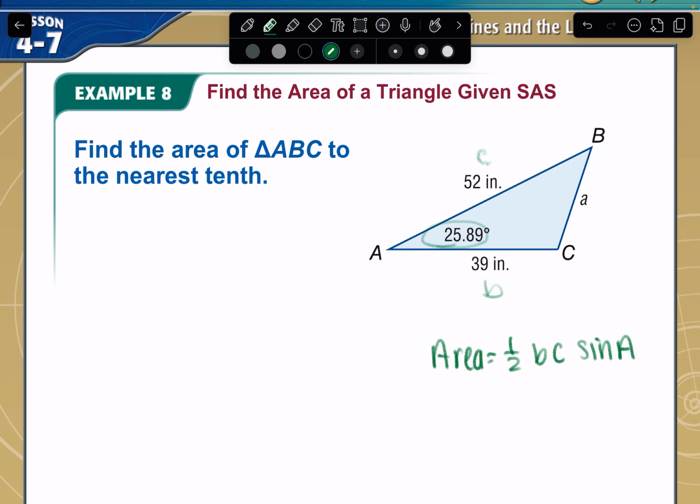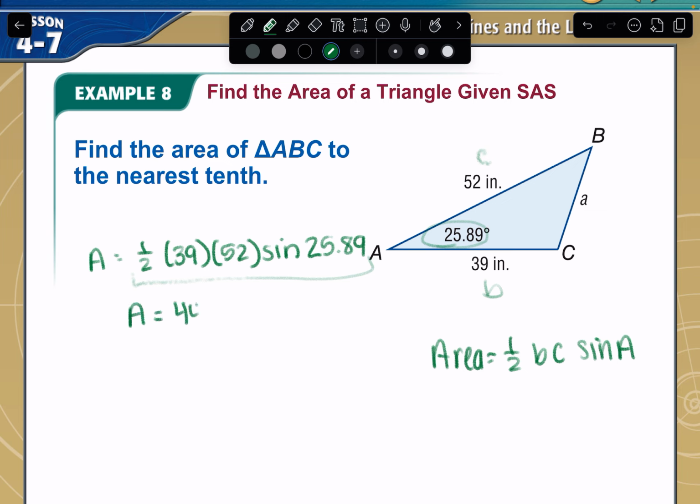So I'm plugging in to what I know and then solving. So I would have area equals 1/2. The side length of B is 39. Your side length of C is 52. Then I would have sine of my angle measure A, which is 25.89. You are plugging that whole thing into your calculator and then solving.